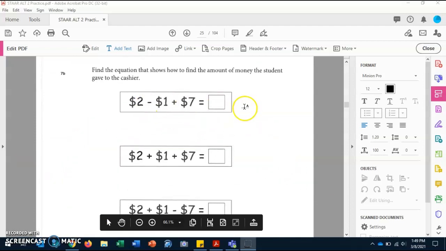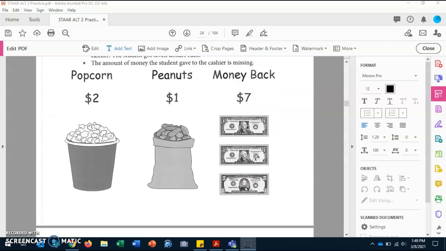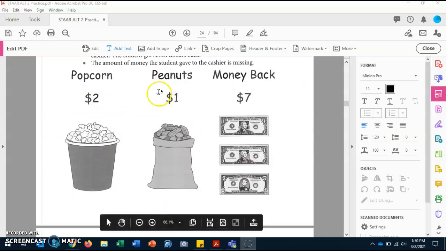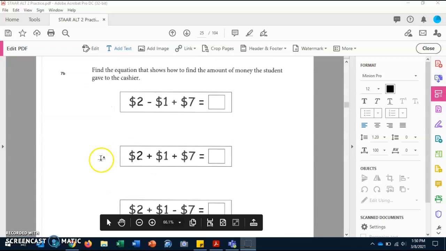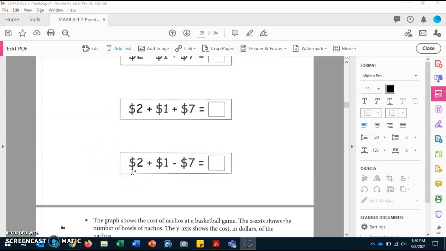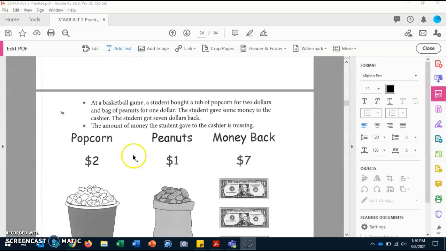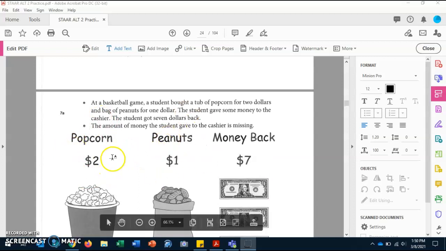No, good job. Are we supposed to add everything? That way we know how much money she had at the beginning. How much money was that she had before she purchased all of this? Yes, so this might be our answer. Or are we supposed to add these two items and then subtract it by the amount of money she got back?